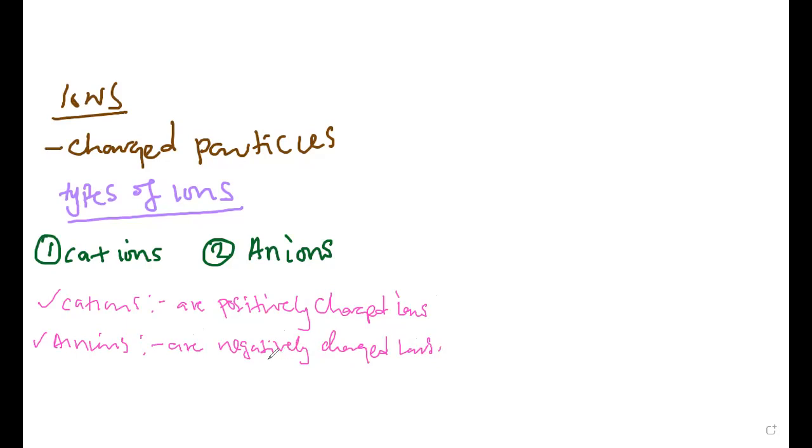So we are talking about ions, which are charged particles, and then we have two types of charges, negative and positive. So we call the positively charged ions cations, and the negatively charged ions anions.